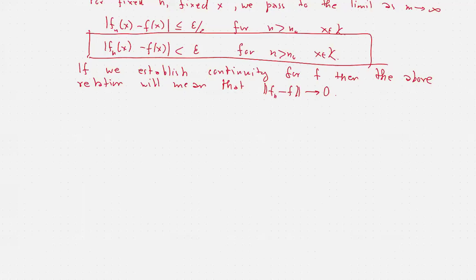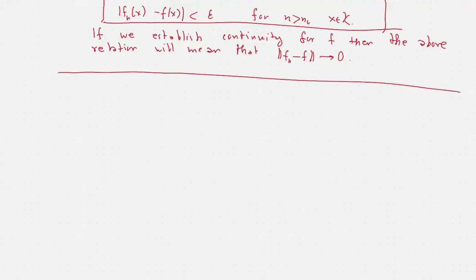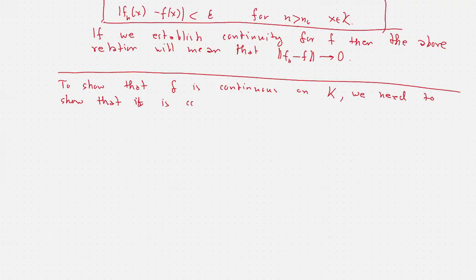So to show that f is continuous on K, we need to show that it is continuous at every x naught in K. So we fix x naught.